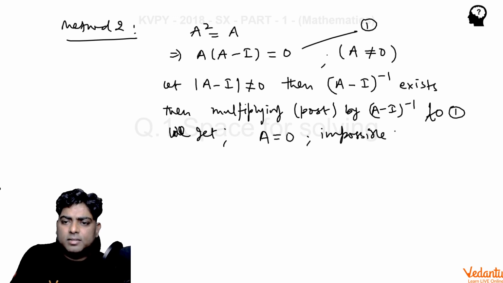So our assumption that the determinant of A minus I is not 0 is wrong. So the determinant of A minus I should be 0.